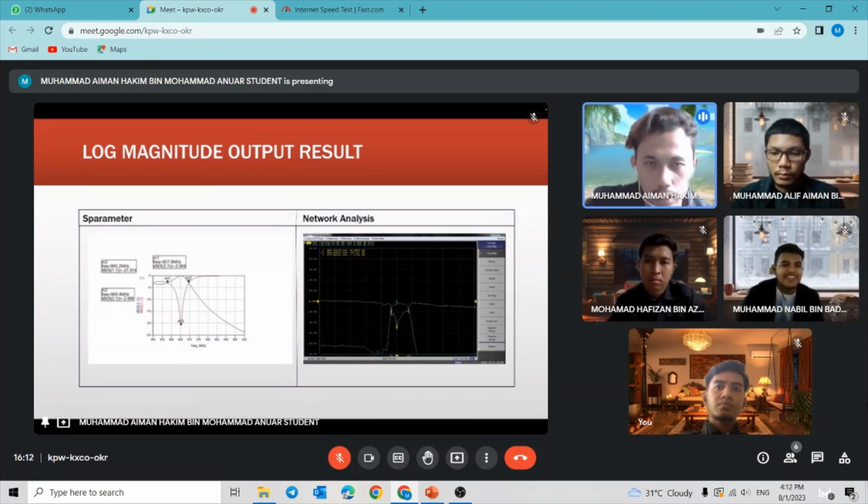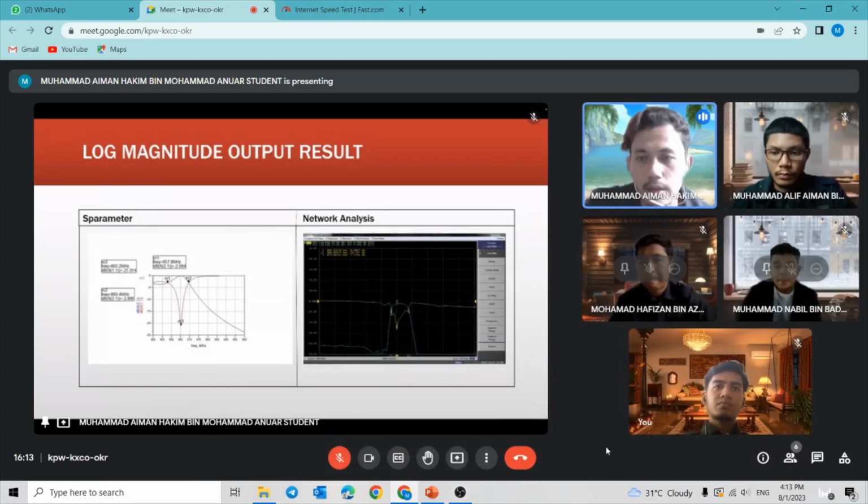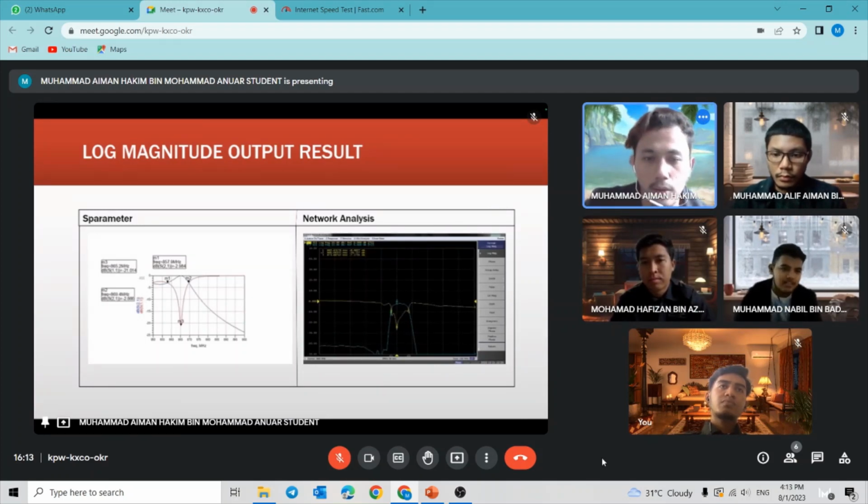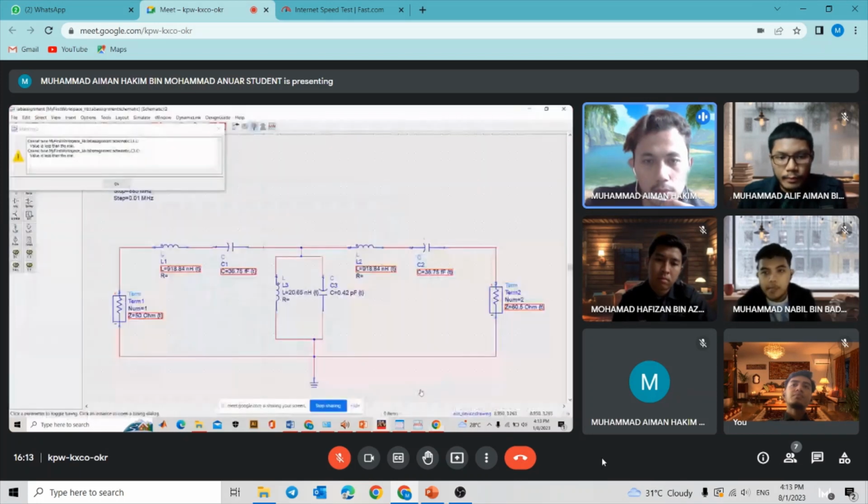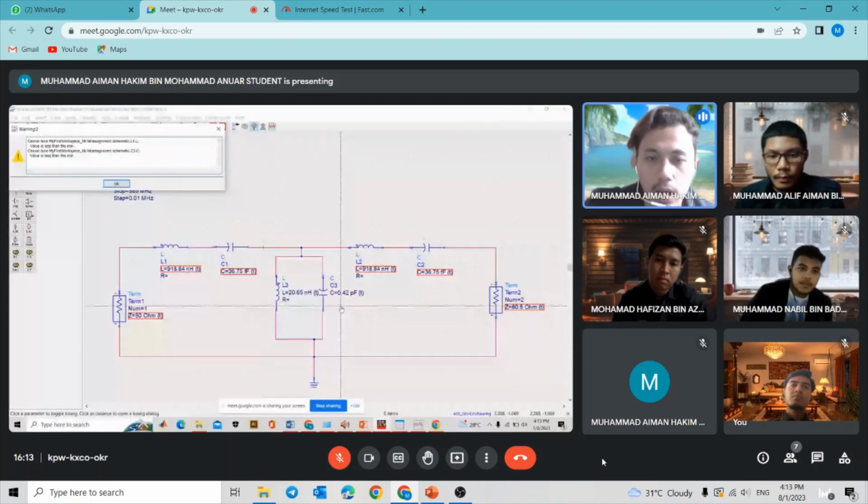This is the result that we get. First of all, I want to demonstrate the ADS circuit that we get. This is the circuit that we calculated.